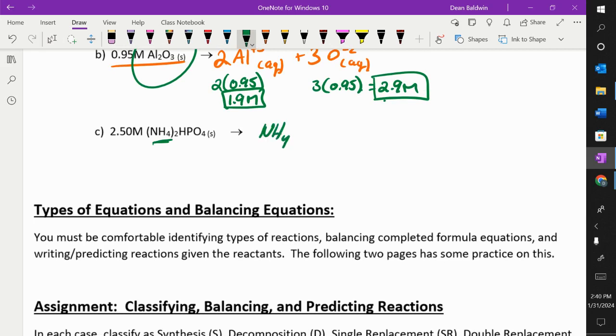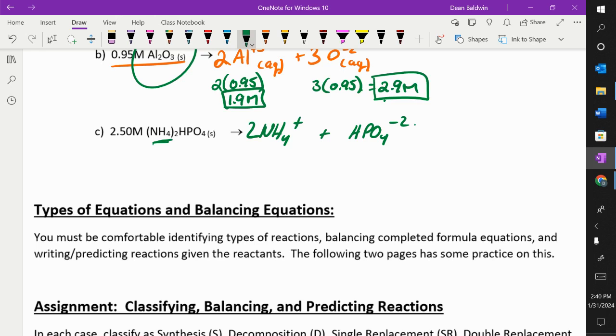It's NH4 plus. Hydrogen phosphate is HPO4 2 minus. Okay? You have to balance it. What number do I have to put in front of the ammoniums? Do I have to put anything in front of the hydrogen phosphate?